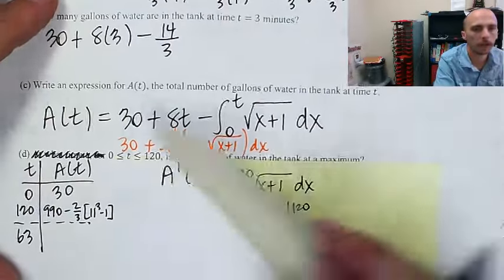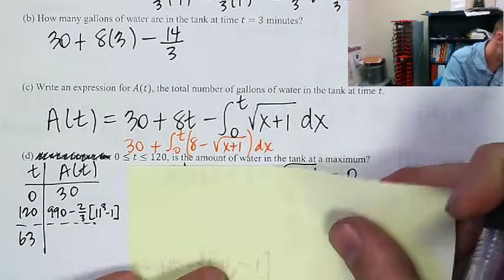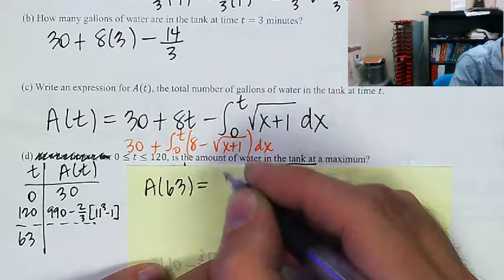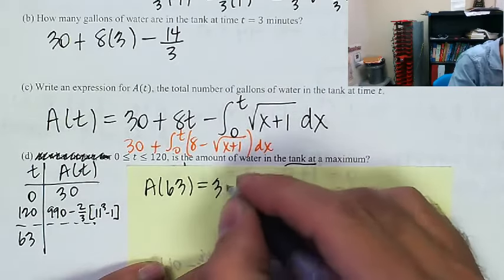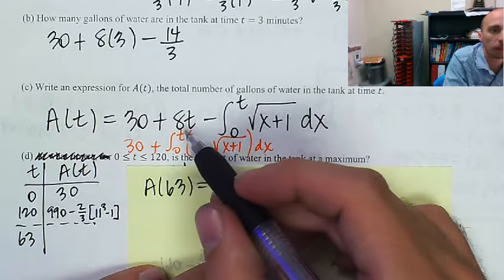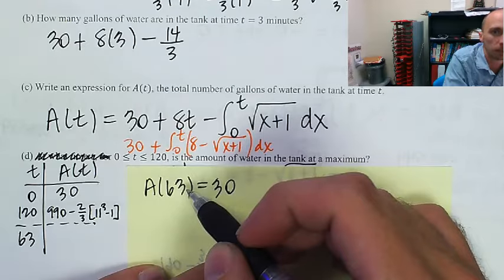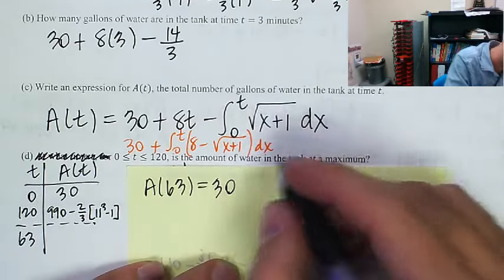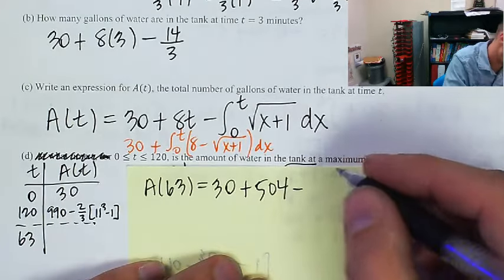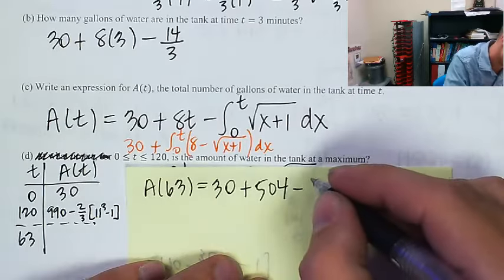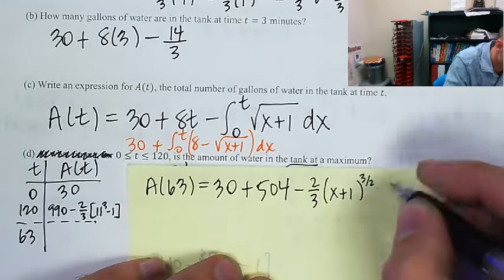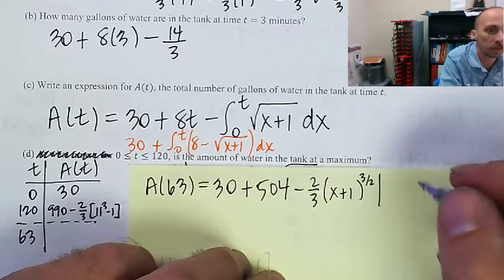Now I need to do the same thing, but for t equals 63. So A of 63 is going to be equal to 30 plus 8 times 60, which is 480, plus 24, so 504, minus, I know the antiderivative is 2/3 of (x plus 1) to the 3/2 as we let x run from 0 to 63.